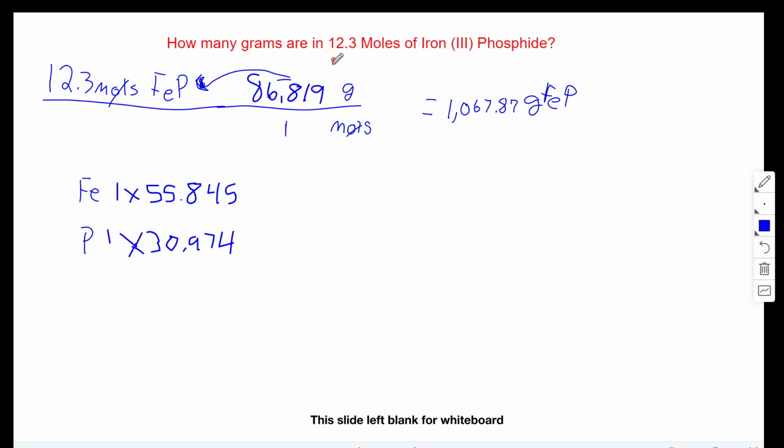Okay. Notice we have 3 significant figures in our answer here. We should have 3 in our final one. Point should be 7, 0 grams FeP. Okay.